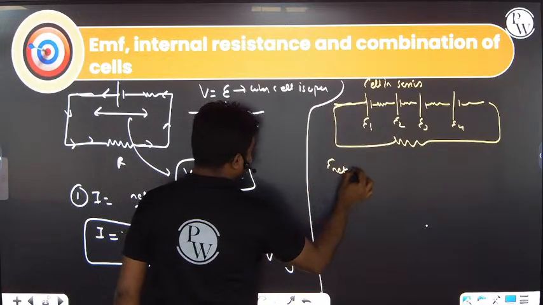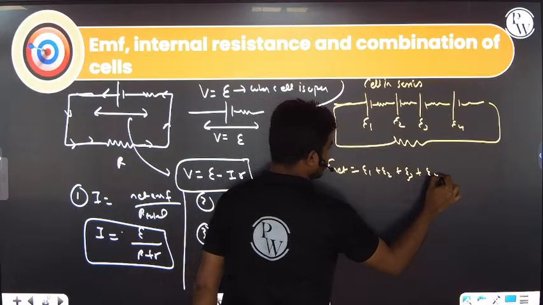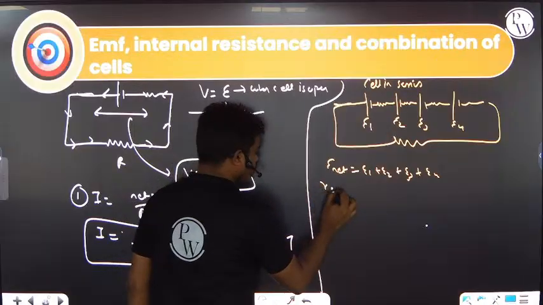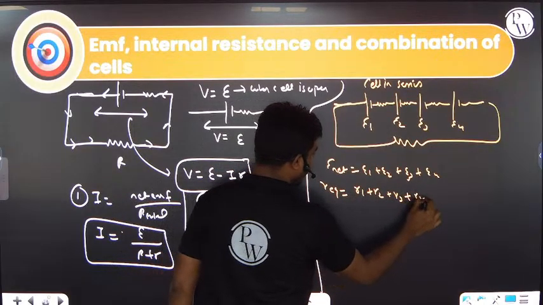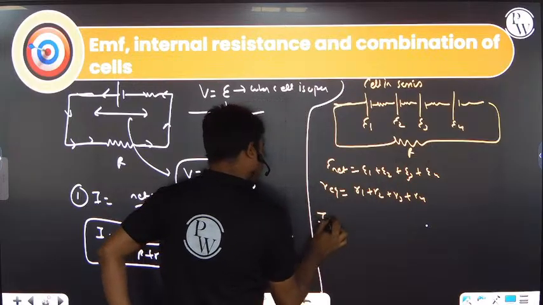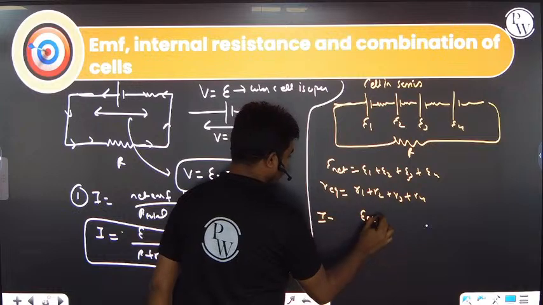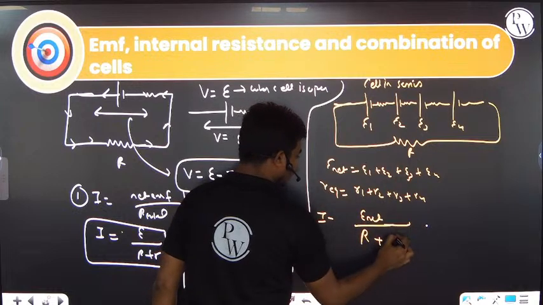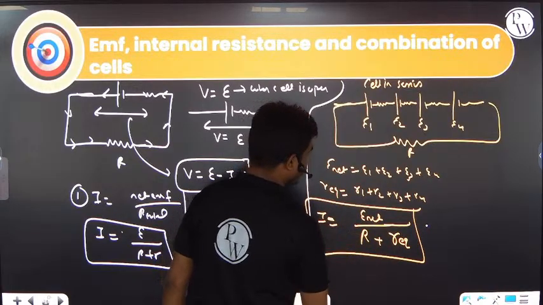E net is E1 plus E2 plus E3 plus E4, if they are connected properly like this. And R equivalent will be R1 plus R2 plus R3 plus R4. And what is I in the circuit? Net EMF divided by R total, E net divided by R total, where R total is external resistance plus internal resistance, that is R equivalent. This is the I flowing in the circuit.